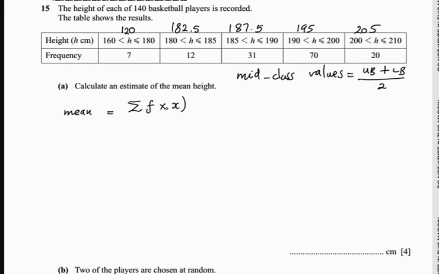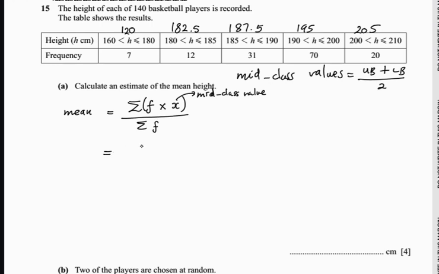You can call it x, but this has to be in brackets. So x is representing the mid-class value. Then this is divided by the summation of the frequency.